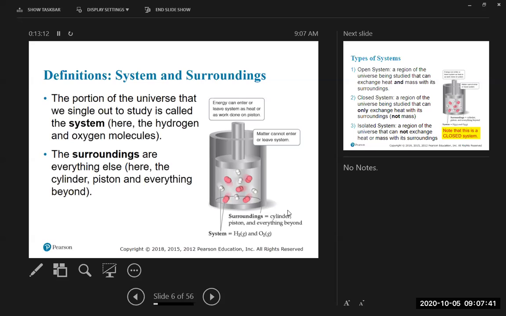The surroundings is everything else. So the surroundings are that cylinder, it's the piston, and anything else in the world. But for us, the system would be the hydrogen and the oxygen molecules, and the surroundings are the cylinder, the piston, and everything else around it.